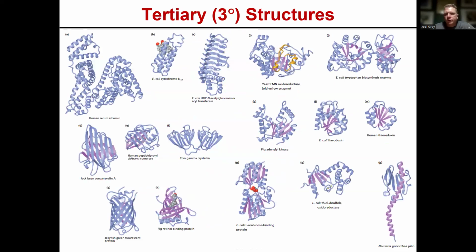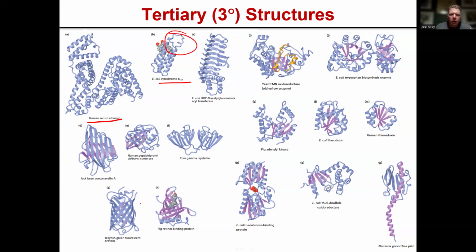Now, tertiary structure. Here's tons of different proteins, and you can get lost in wondering what I'm supposed to gather from all of this. One of the things that I want you to gather is that when you look at these proteins, you see some similar structures. For instance, human serum albumin is a bunch of alpha helices. Cytochrome B562 has alpha helices within a random coil.